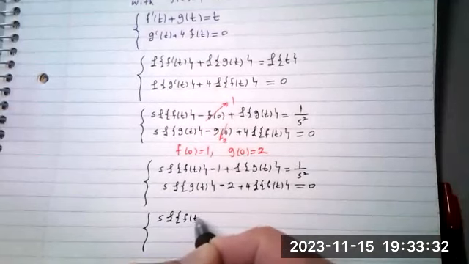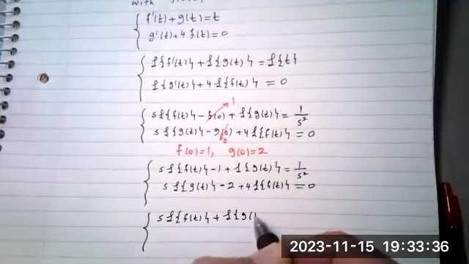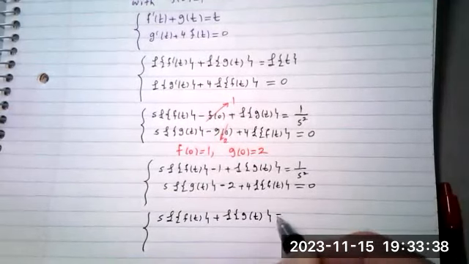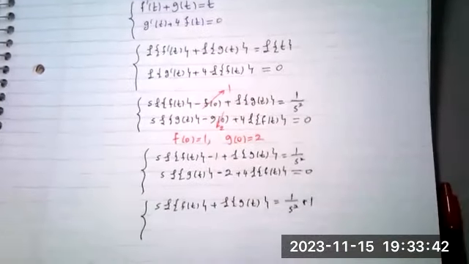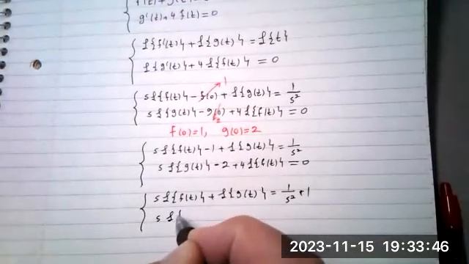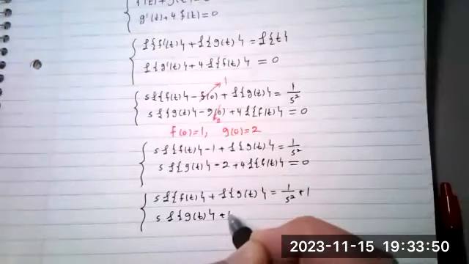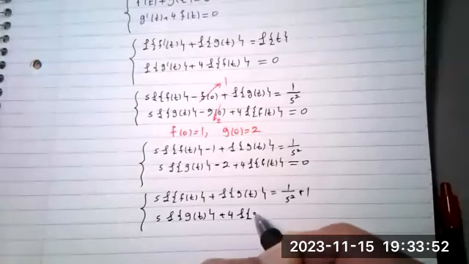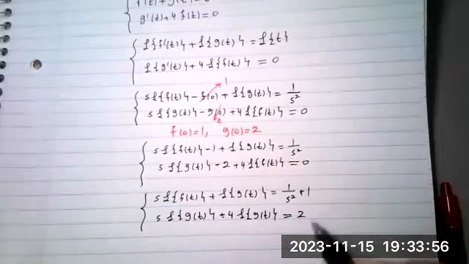Laplace of f of t plus the Laplace of g of t is equal to 1 over s squared plus 1. That's the first one. And for the second one, s Laplace of g of t plus 4 Laplace of f of t is equal to 2.